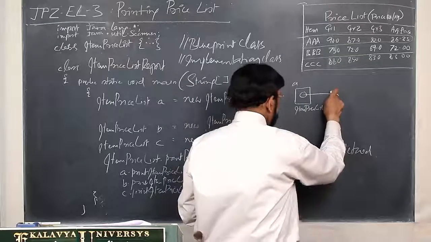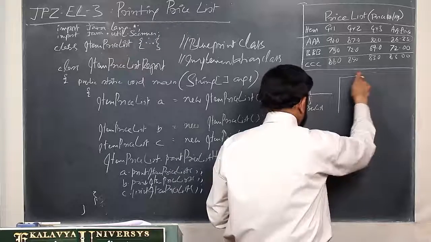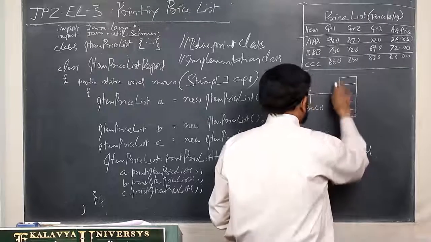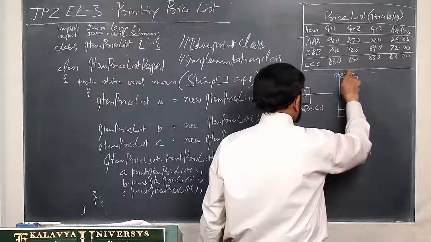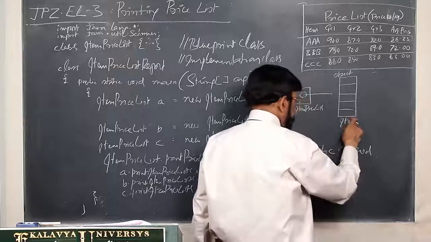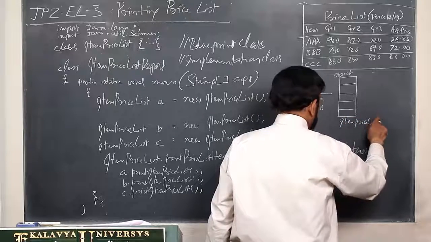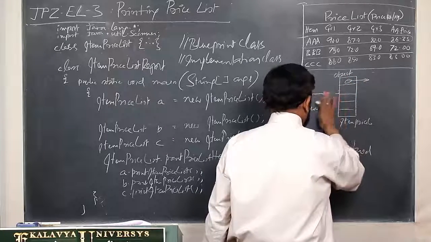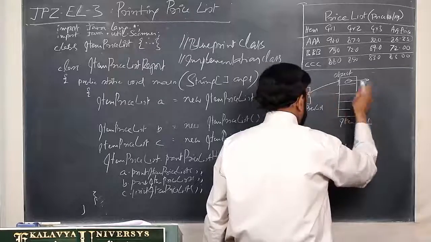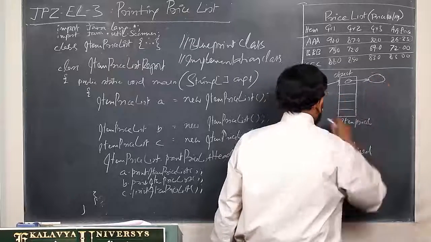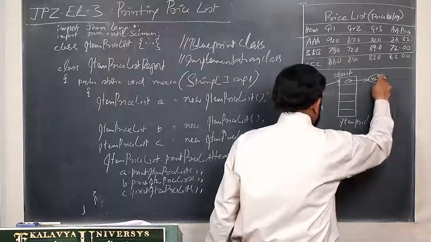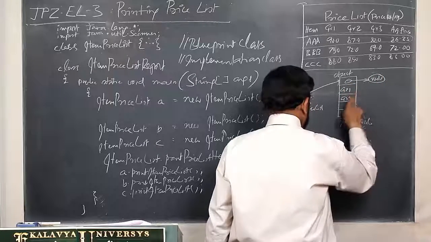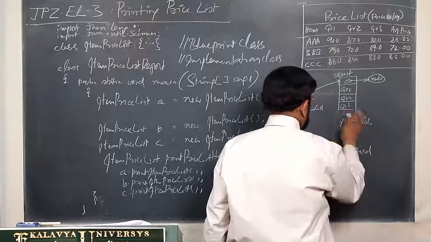This is the object. Here are grade 1 price, grade 2 price, grade 3 price.